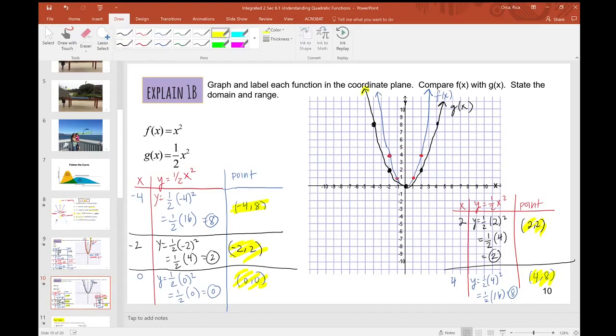Highlight the graph. I'm also going to highlight f of x.